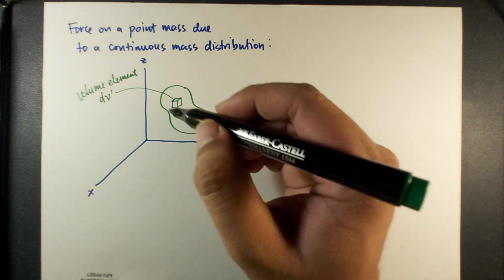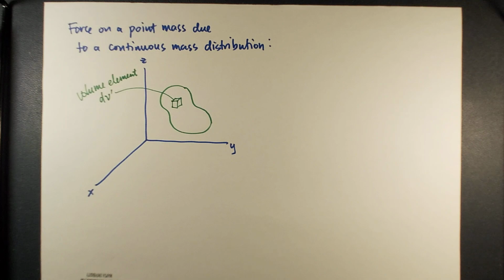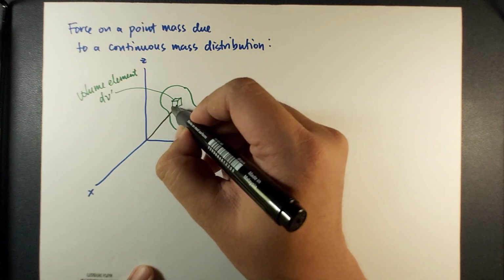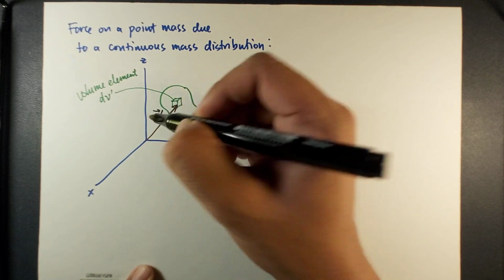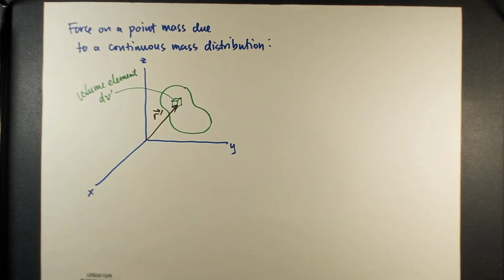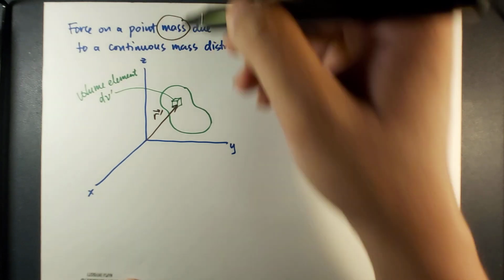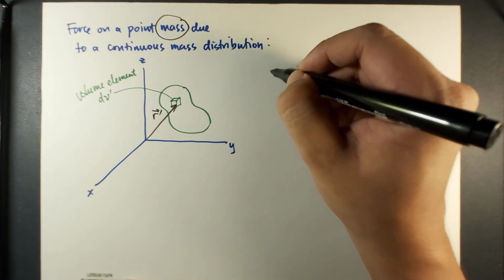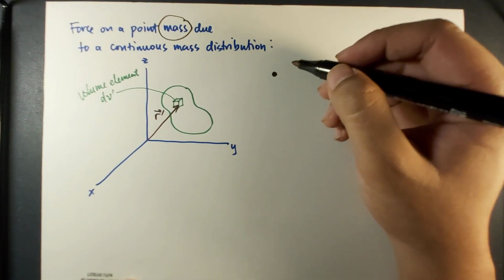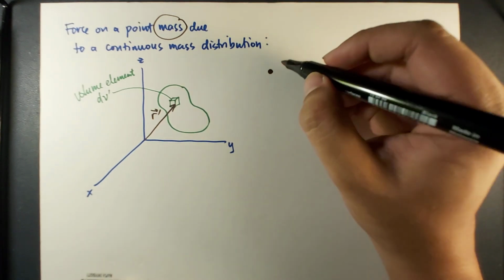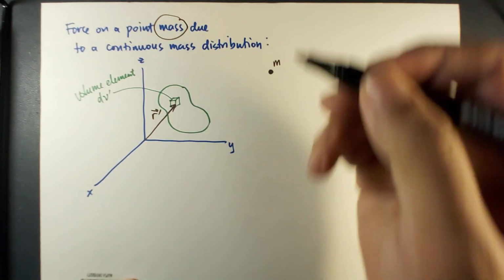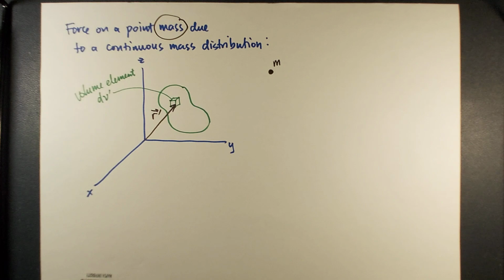And this dv prime is defined by its position vector r prime. Now let's place our point mass somewhere here. Okay, the mass of that particle, let's say, is m.